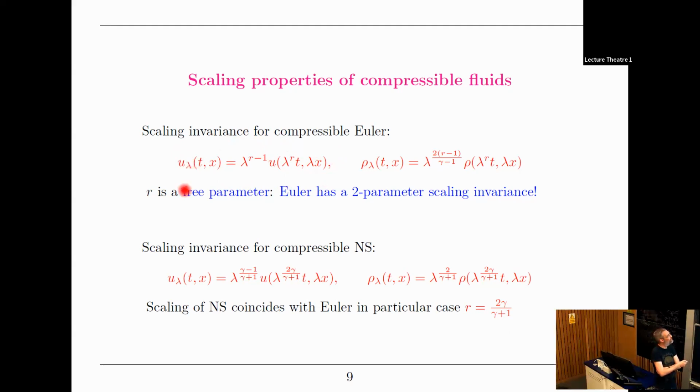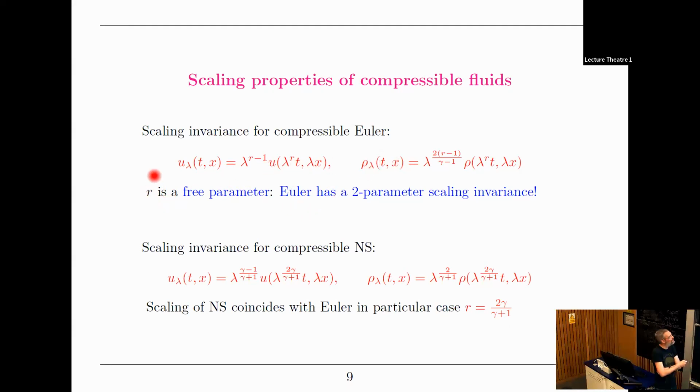There is, of course, the usual parameter, lambda. If U and rho are solutions to Euler, then U lambda, rho lambda are again solutions to Euler. But as you can see, there is a free parameter R in the powers of lambda here. In other words, for any value of R, this is again a solution to Euler.